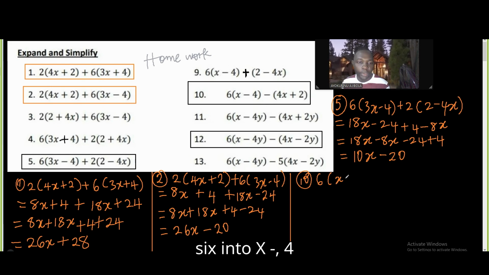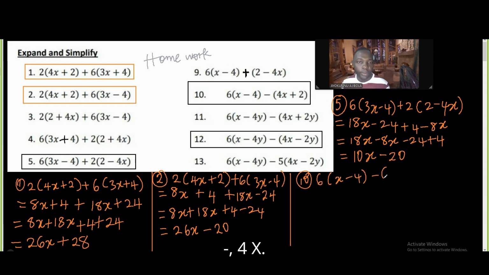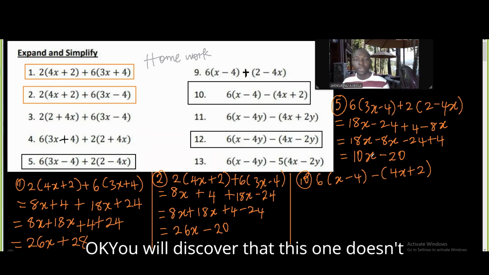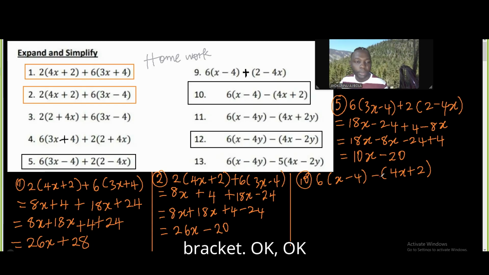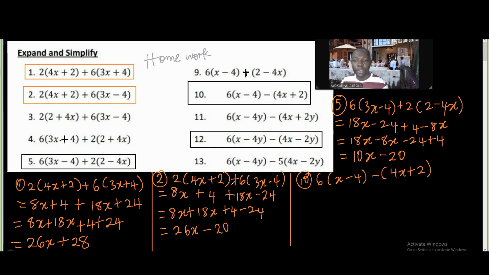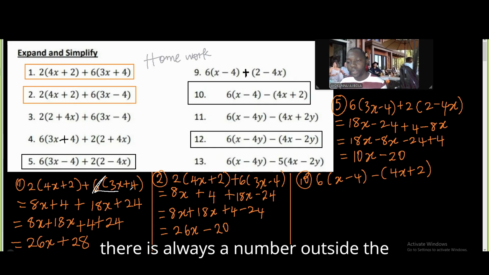Then number 10, I'm doing number 10. 6 into x minus 4, minus 4x plus 2. You will discover that this one doesn't have any number outside the second bracket. Unlike all the ones we've been doing, there is always a number outside the second bracket.